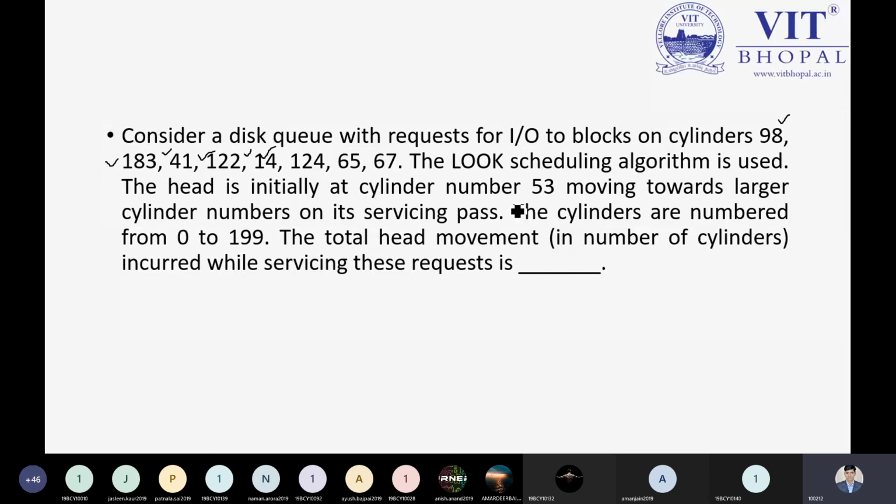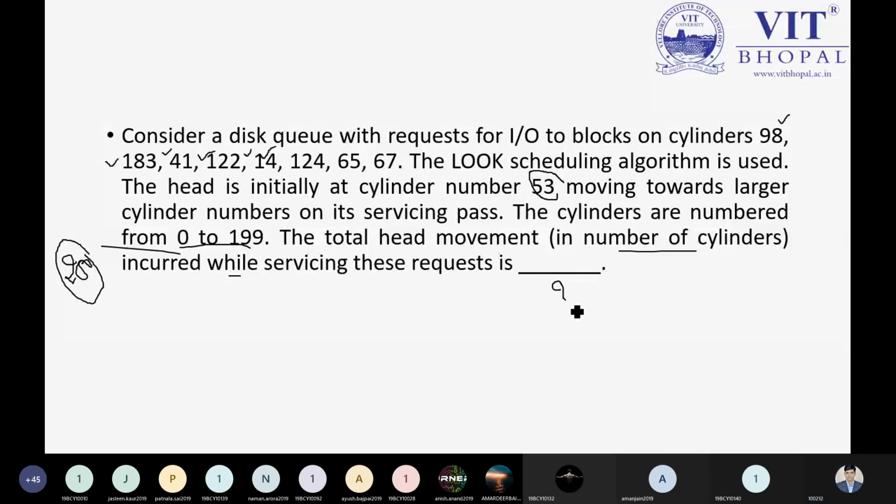Initially the head is at 53, and the cylinders are numbered from 0 to 199, or the question may give the total number of cylinders, like 200. So find the total head movement in number of cylinders incurred while servicing the requests.